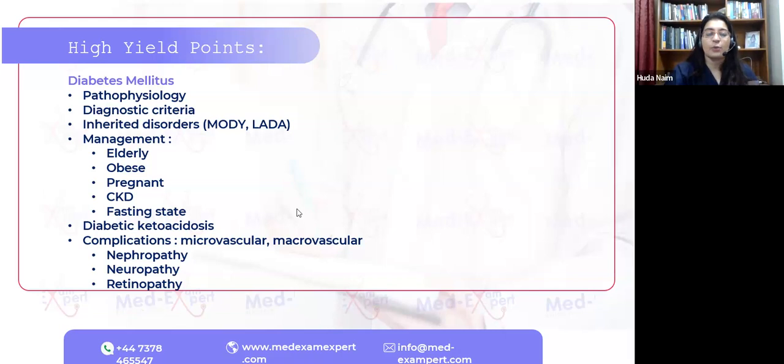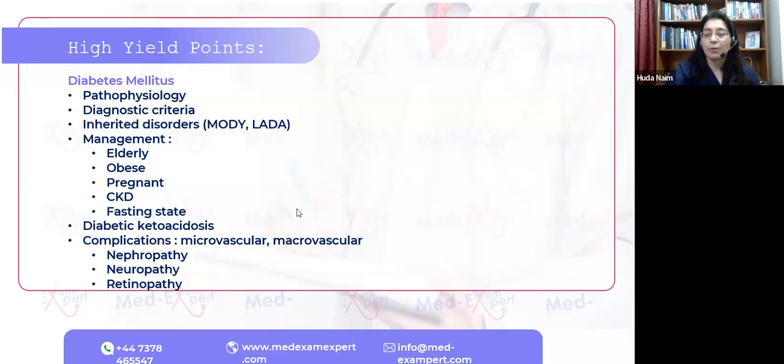How would you alter their drug regimens? Then diabetic ketoacidosis, very important. Again, there's a diagnostic criteria. How would you manage these patients? How would you assess the outcome of these patients?